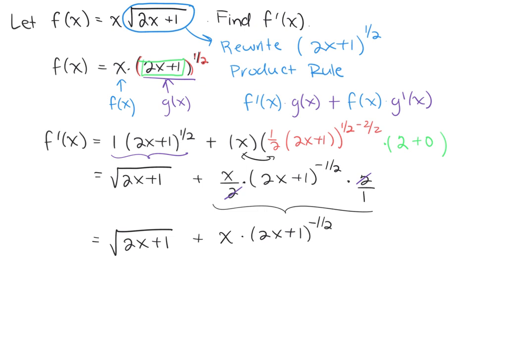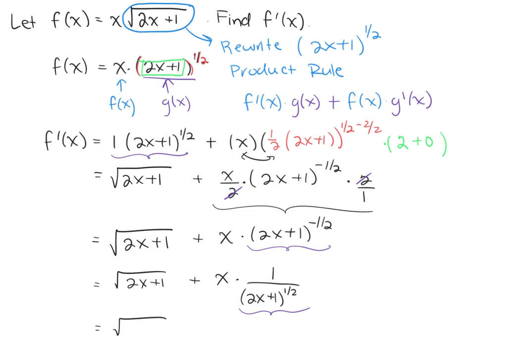And then now I'm going to rewrite this as a positive power. So this means that 2x plus 1 to the negative 1/2 power is the same thing as 1 over 2x plus 1 to the positive 1/2 power. And then now I'm going to go ahead and rewrite this denominator as a square root. So you can think of this as x over 1.